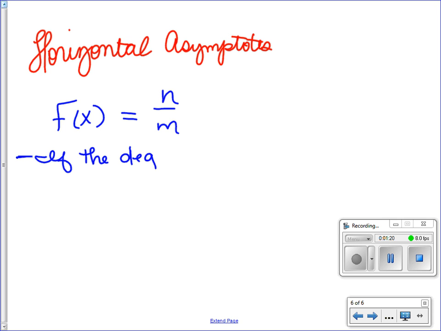If the degree of n is less than the degree of m, alright? So the numerator is smaller than the denominator. We have a horizontal asymptote at y equals 0.